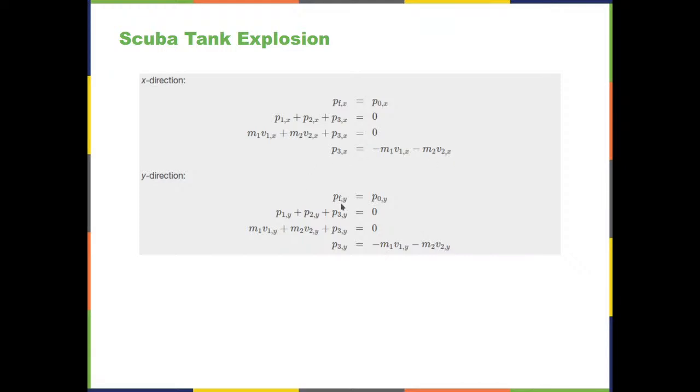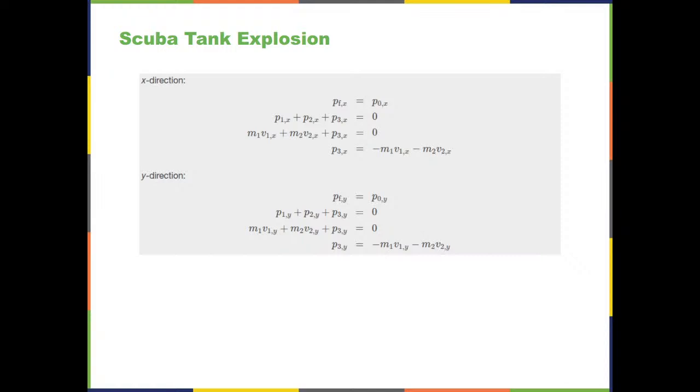In the y direction, the same thing applies, and obviously this expression is nearly identical. So here the final momentum in the y direction is the sum of the final momenta in the y direction for each of the three individual pieces. So that's the products of the masses and the velocities. We can solve that for the final momentum for the third piece, which will be given by minus the sum of the momenta in the other direction.